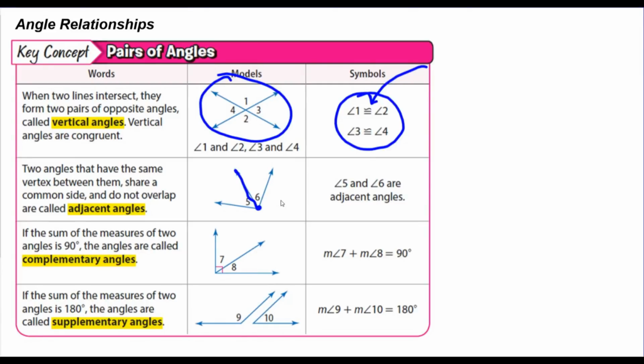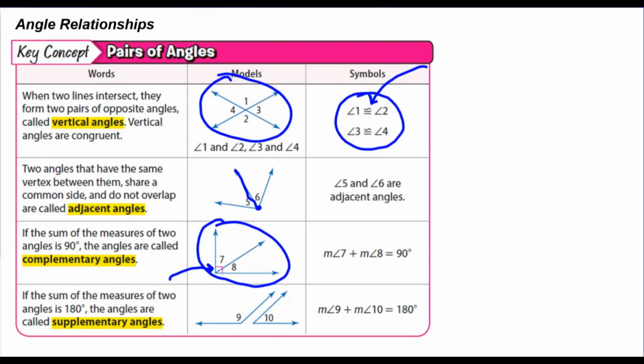And then lastly, we're going to talk about 2 types of angle measure relationships, and those would be complementary angles and supplementary angles. Right here, we've got a pair of complementary angles, angle 7 and angle 8, and they add up to 90 degrees. That's what complementary angles are. They are angles that add up to 90 degrees. If you'll recall, that little red box in the corner of that angle means that that is 90 degrees.